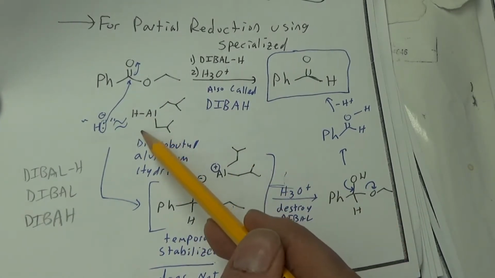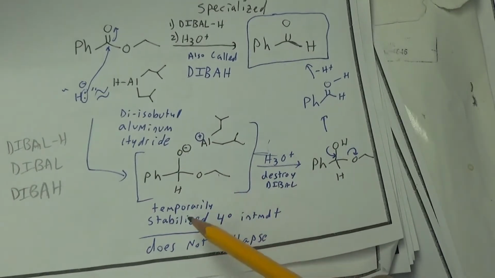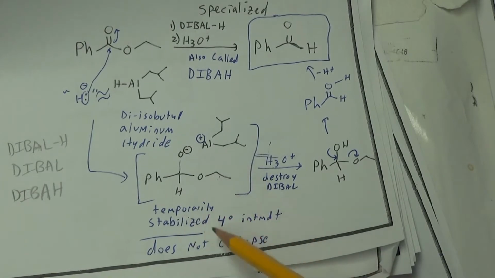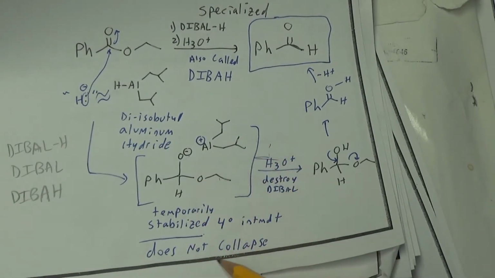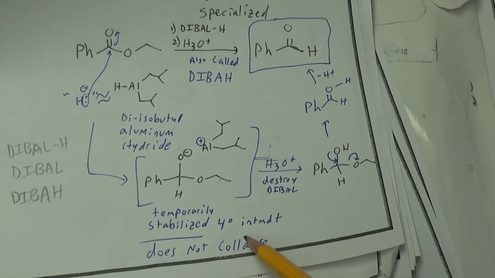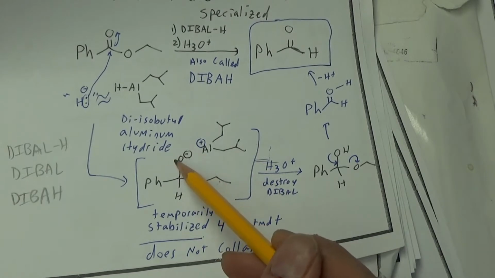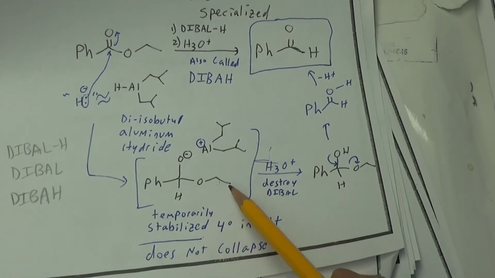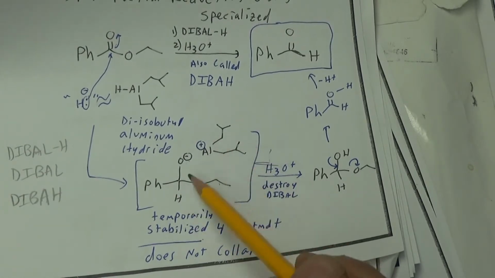It's just a different hydride, a different H-, and the big thing was that you would make this temporarily stabilized tetrahedral intermediate that stops. When we say it does not collapse, what do we mean by that? It means that this is stable. This is not like the O- kicks down and kicks off the ethyl. It just stops. And when it stops, it can't be reduced anymore, right?